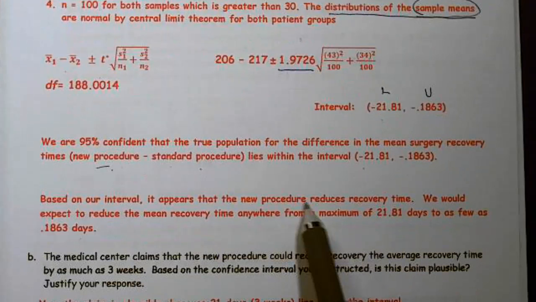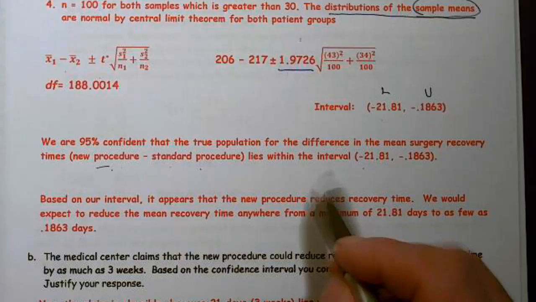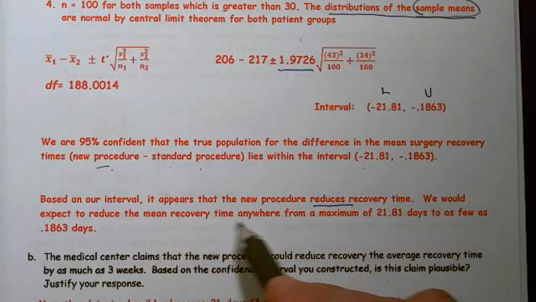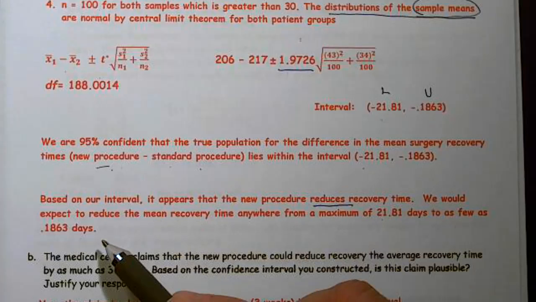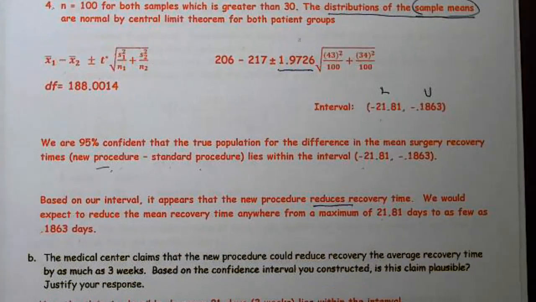Based on this interval, it appears that the new procedure reduces recovery time. That's important. We would expect to reduce the mean recovery time anywhere from a maximum of 21 days to as few as 0.1863 days. So that answers the question, did it confirm what was asked? And yes, it does confirm what they claimed, because we said it reduces it.